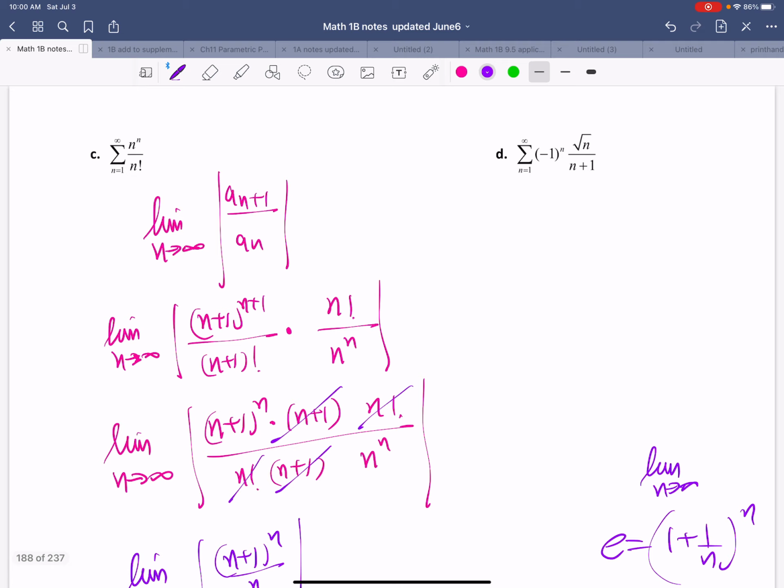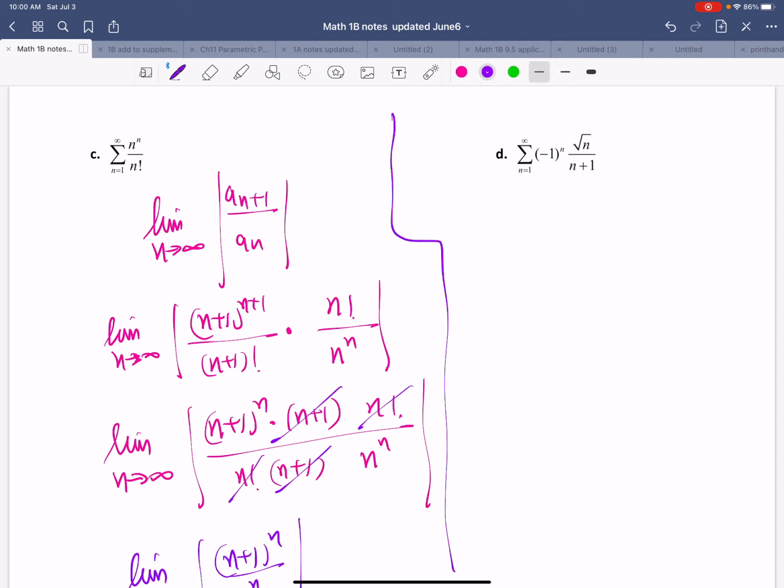We have negative 1 to the nth power times the square root of n over n plus 1. Let's see, we are going to use the ratio test here again. The ratio test says, go ahead and do the limit as n goes to infinity of the absolute value of a n plus 1 over a n.